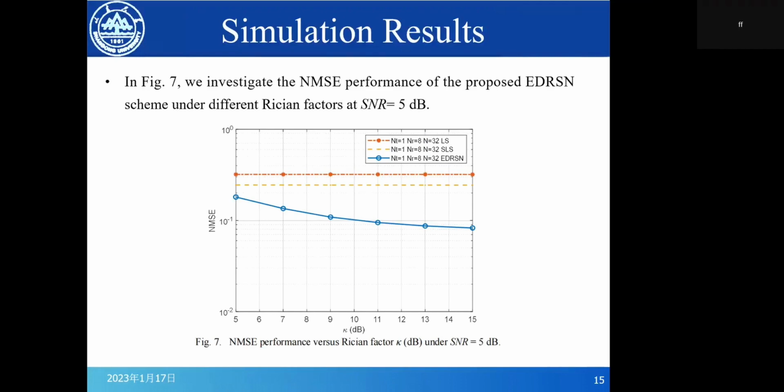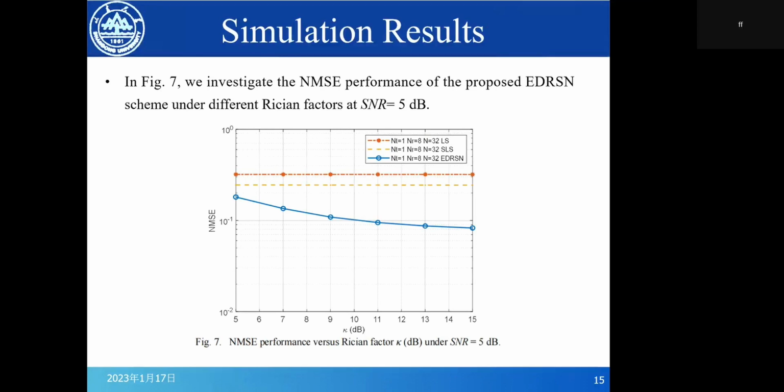So we can observe that the LS and SLS estimation schemes are not affected by the variation of the Rician factor kappa. This is because the LS and SLS schemes are appropriate for arbitrary frequency selective fading channels.